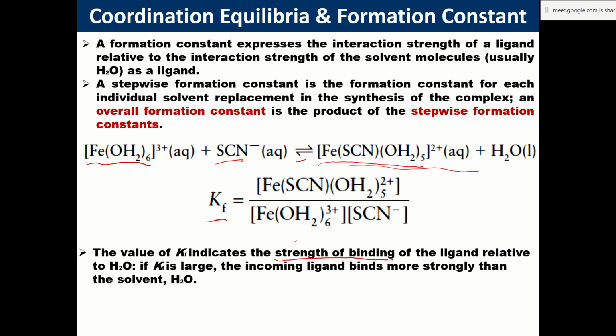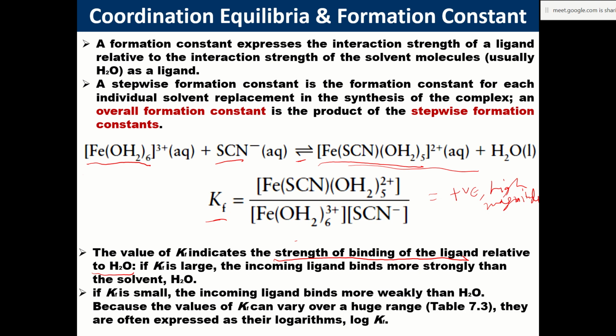The Kf represents the strength of binding of the ligand in comparison to water. If they are stronger than water, then this Kf will be positive and of high magnitude. This is what we expect if the binding is stronger.